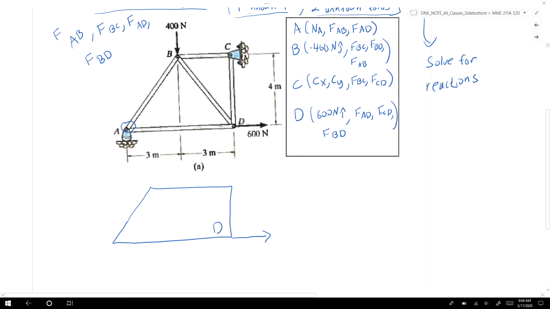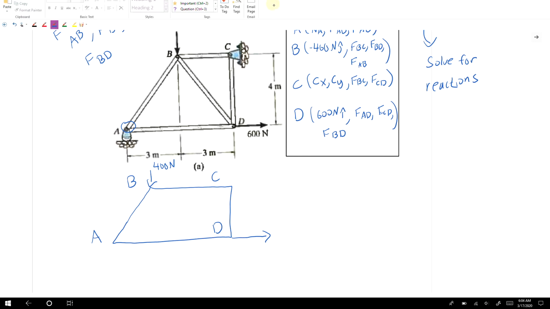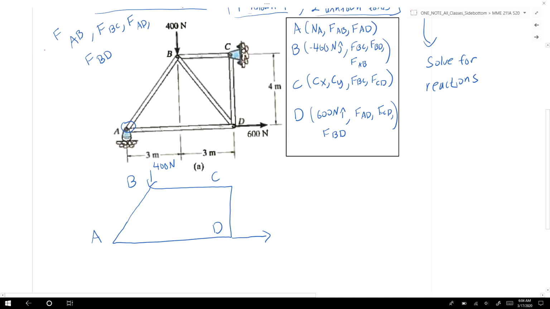So this would be point D, this would be point C, this would be point B, and this would be point A. Just like we were doing in chapter 5, all we're going to do is include the external forces on this system, and ignore the internal forces. So we'll have these three reaction forces.